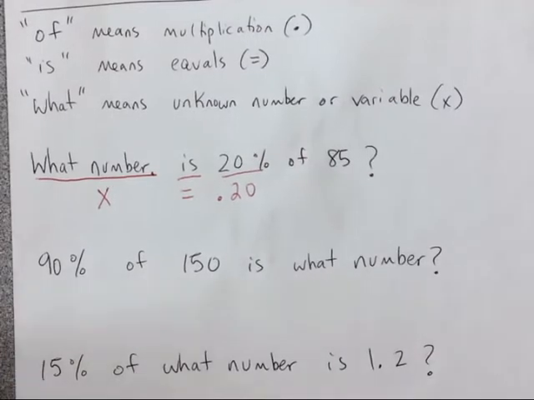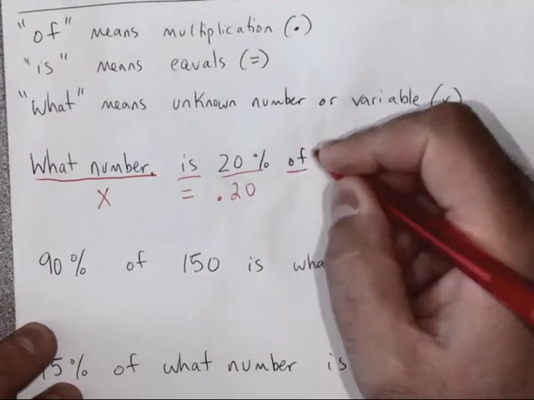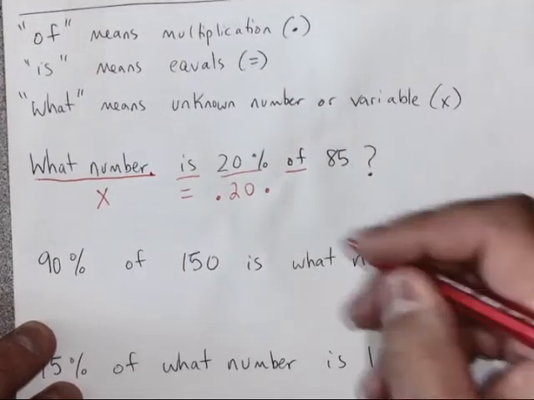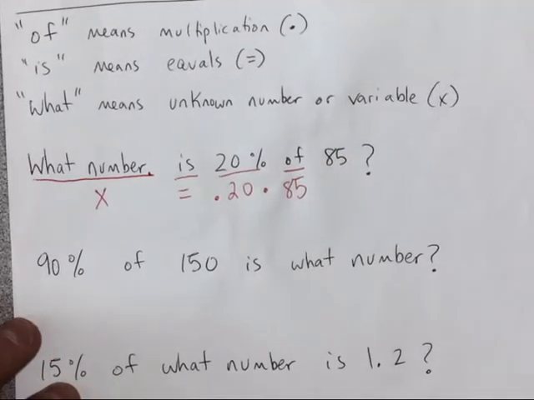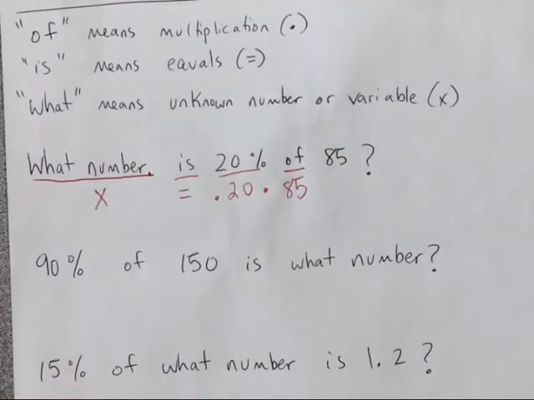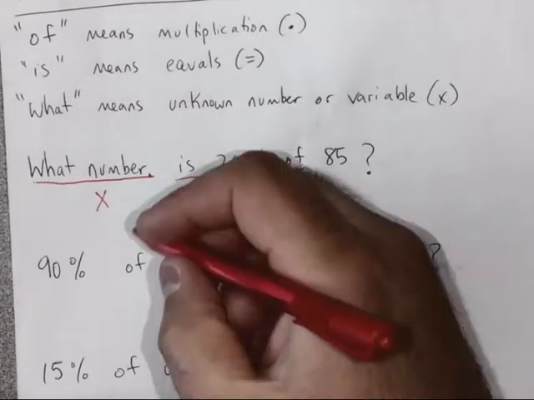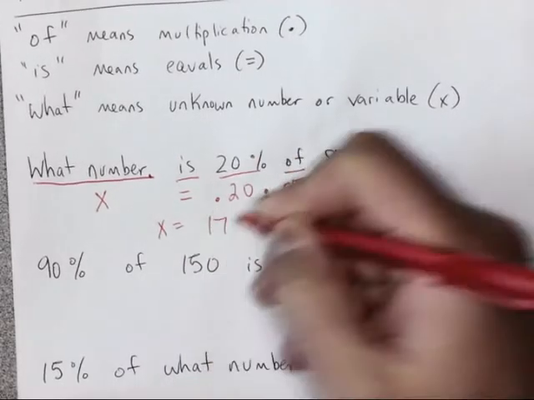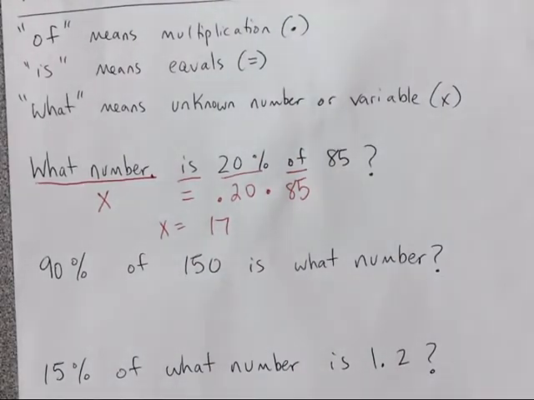So 20% would be 0.20, of means multiply, 85. So x is equal to 0.20 times 85. So then if we multiply those two numbers, we end up getting 17. So 17 would be 20% of 85.